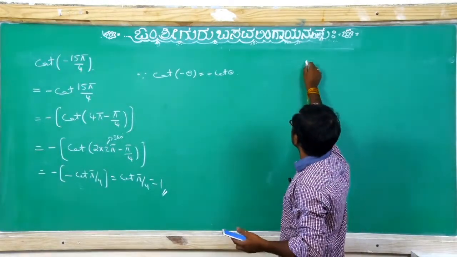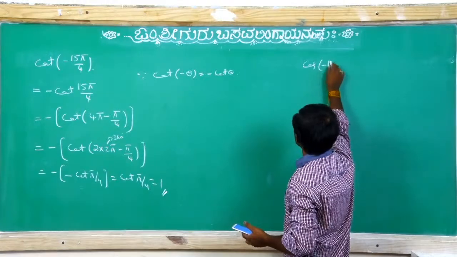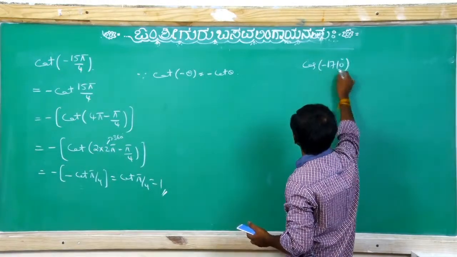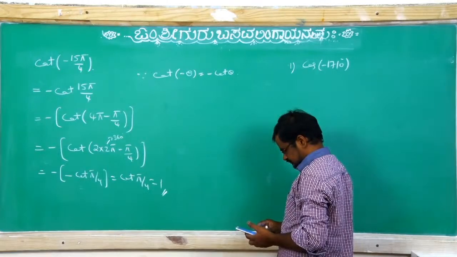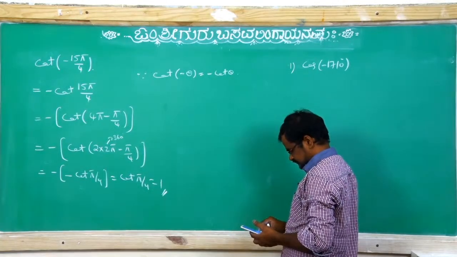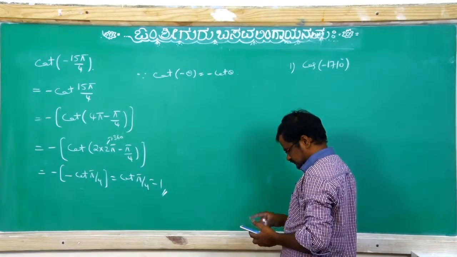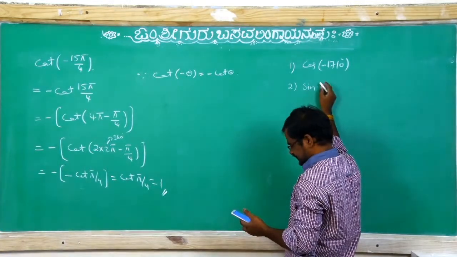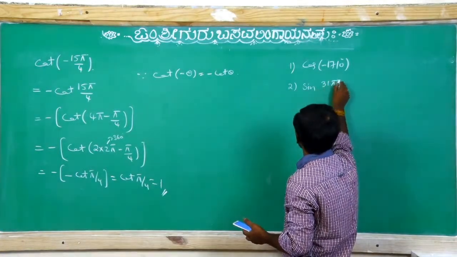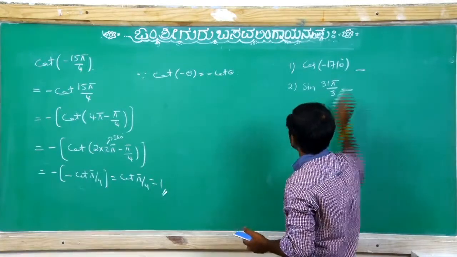Next, cos of minus 1710 degrees. Next, sin of 31 pi by 3. These two.